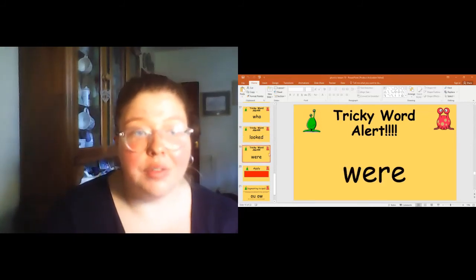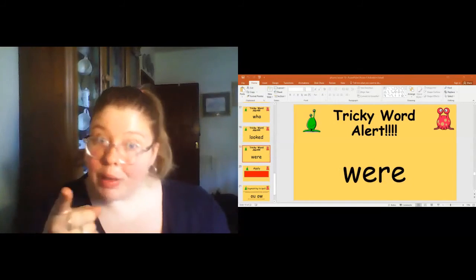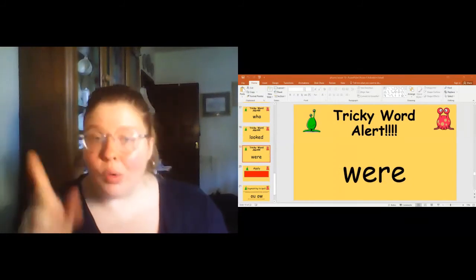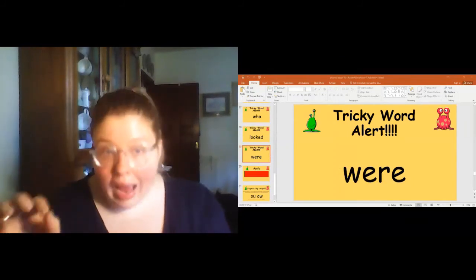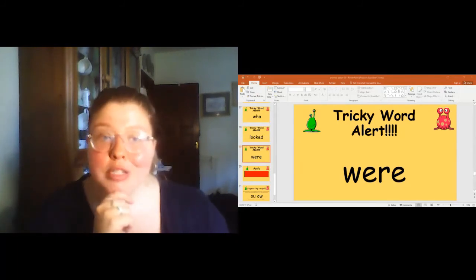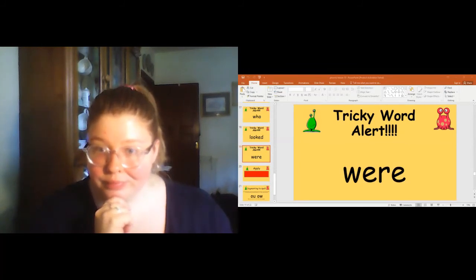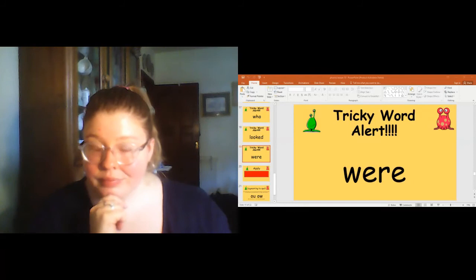Okay, here's our final tricky word before we move on to our reply. This is a tricky word we've all seen before. Have a go at reading it and see if you can remember which bit is the tricky bit. You're right.